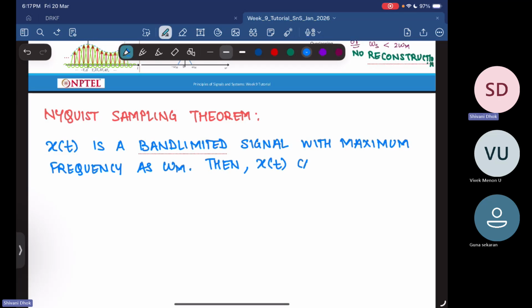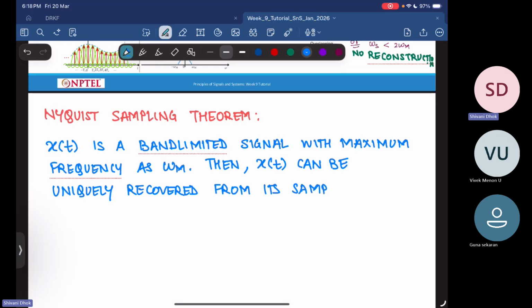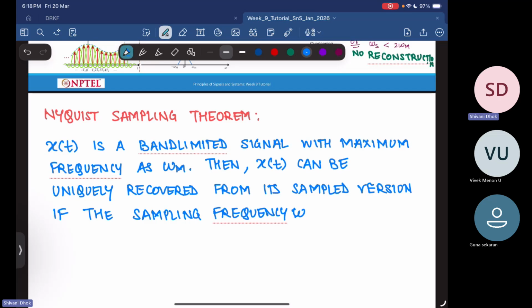x of t can be uniquely recovered from its sampled version if the sampling frequency omega s satisfies the following condition.